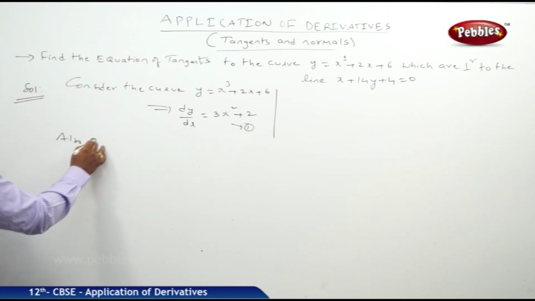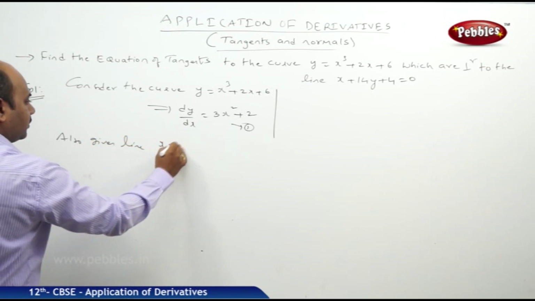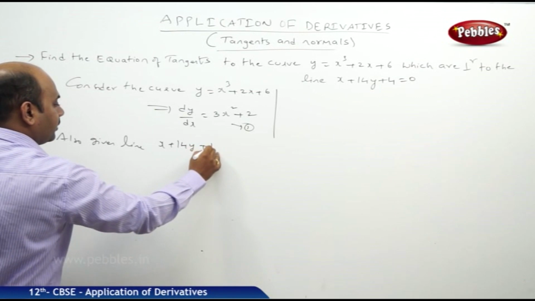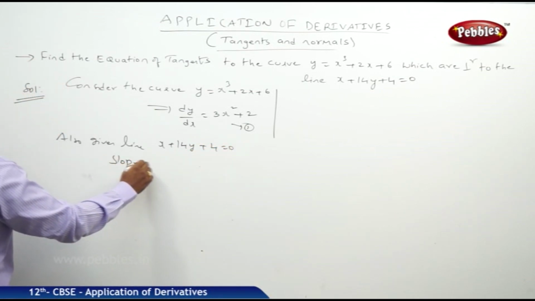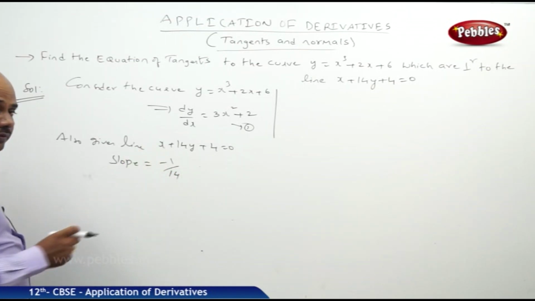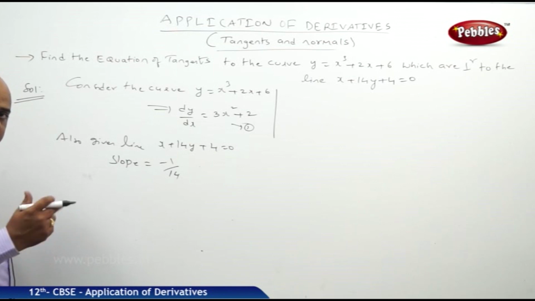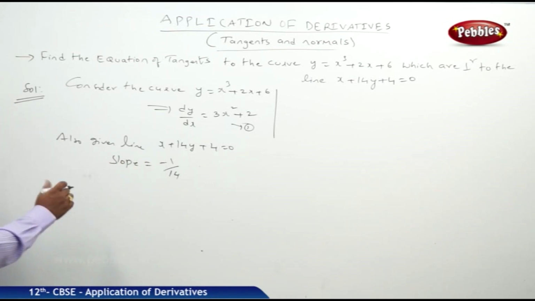Also given a line, what is our given line? x plus 14y plus 4 equal to 0, and the slope of this line is what? Minus 1 by 14, because slope of ax plus by plus c equal to 0 is minus a by b, so it becomes minus 1 by 14.